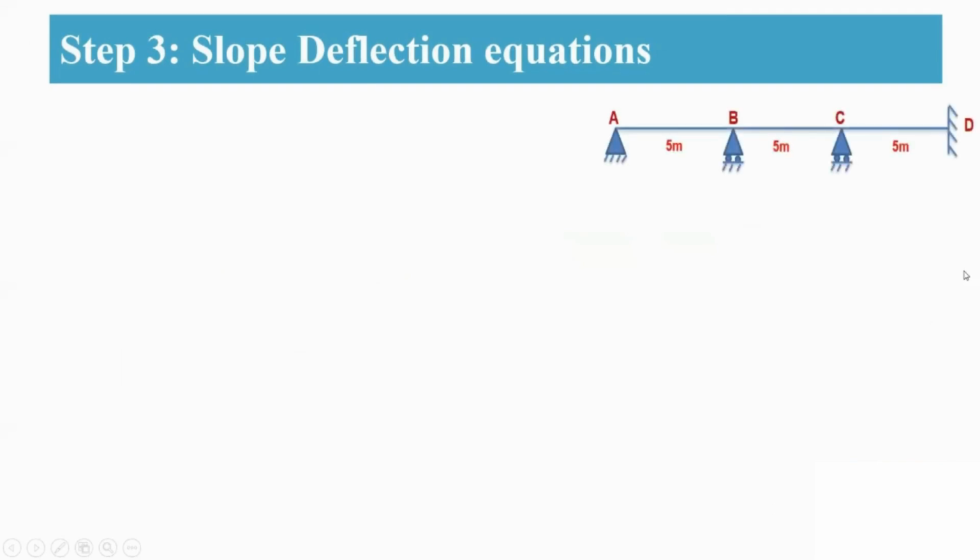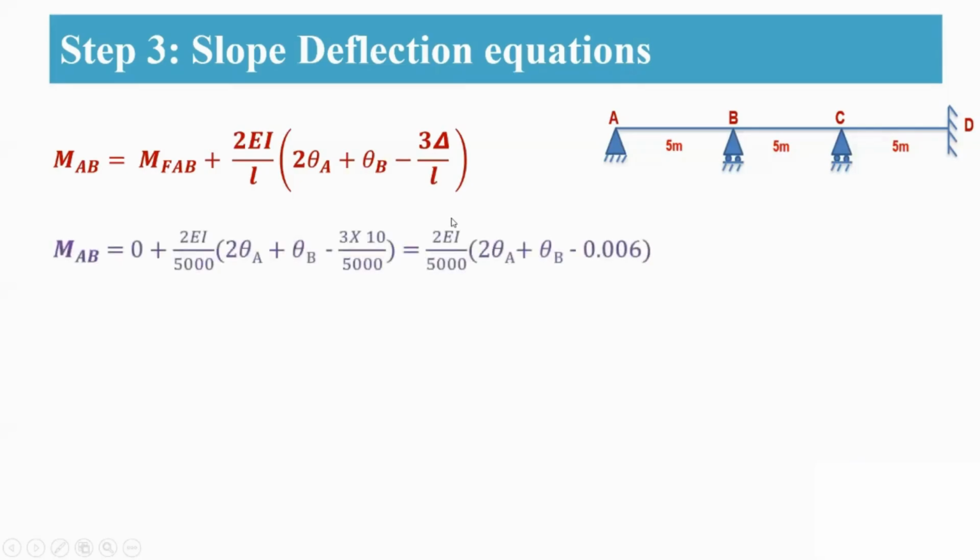Now this is the given beam. The slope deflection equation is MAB is equal to MFAB plus 2EI by L into (2 theta A plus theta B minus 3 delta by L). Here in this problem, we will just see what is given.